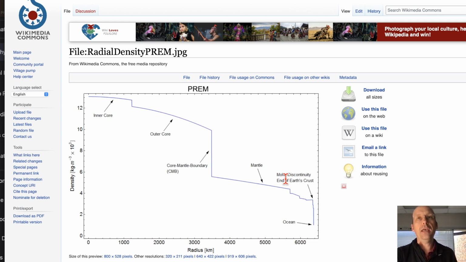Instead, let's just pretend that it's a two density Earth, right? So I have a density in the inner core right here, up to about 3,500 kilometers, so 3.5 times 10 to the 6 meters. Anything below that is going to have a density of, somewhere around right here, say 11,000 kilograms per cubic meter.